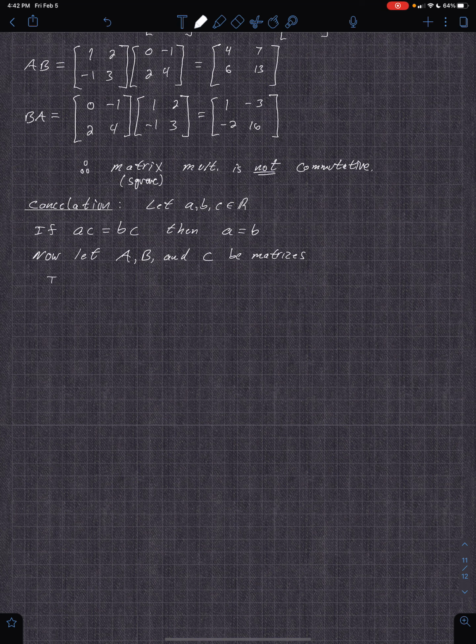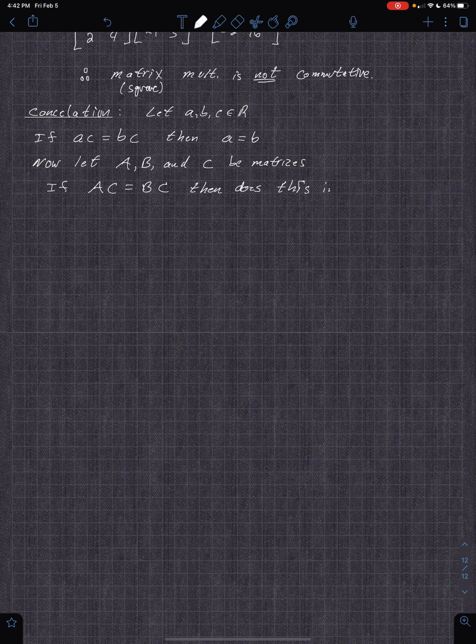So the question is, if A times C equals B times C, then does this imply that A equals B? Okay, so that's the question. That's the idea.